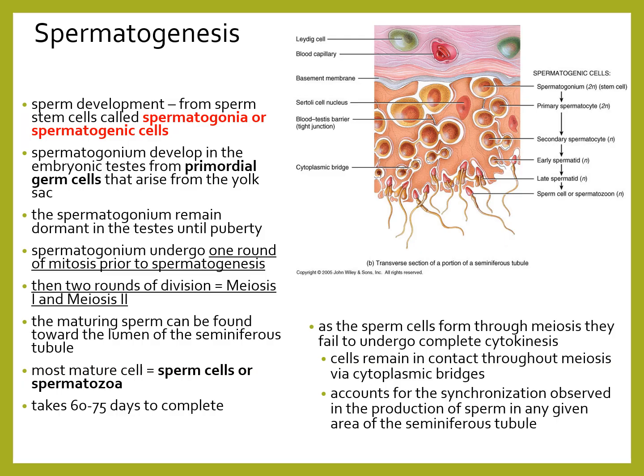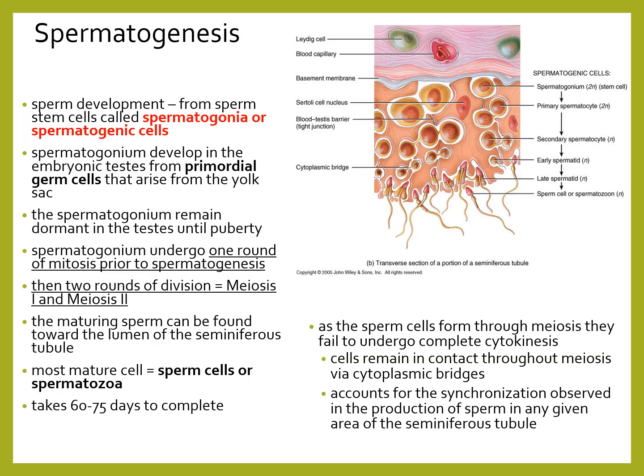These primordial germ cells are derived from an embryonic tissue called the yolk sac. They travel in the forming embryo to where the testes are going to form, and they transform themselves into spermatogonia or spermatogenic cells. And these spermatogenic cells will remain dormant in the testes until puberty starts.